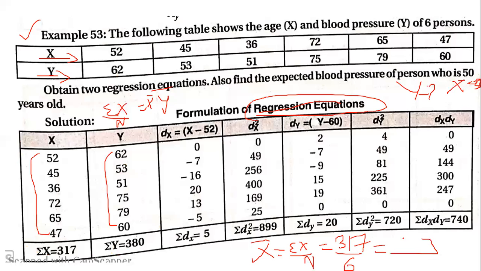Now can you tell me what is the answer for x bar? Calculate and tell me. How much do you get? 317 by 6. Quickly.